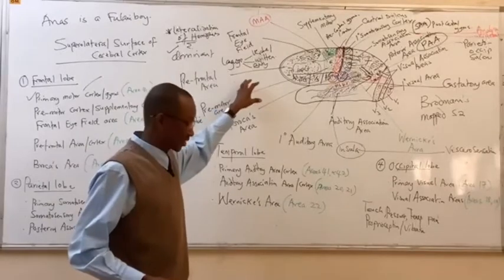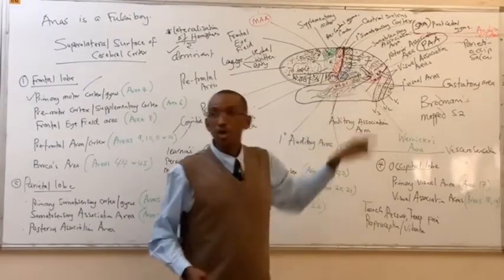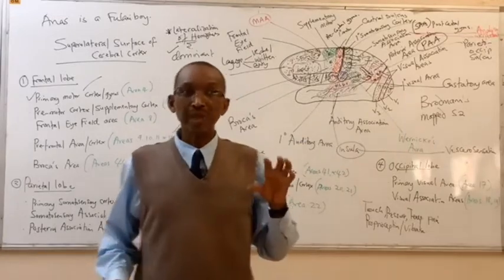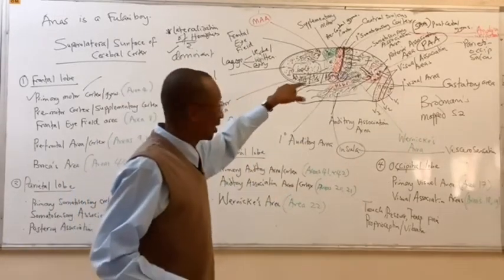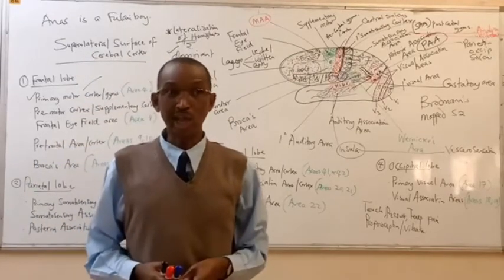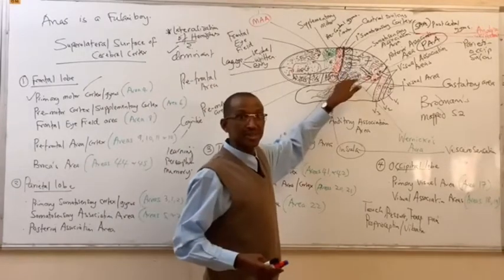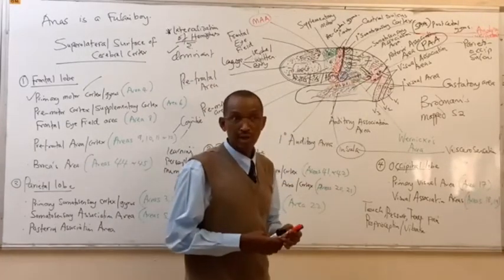So we have now seen that we have three different categories of language. All this is the responsibility of Wernicke's area. So for you to be able to appreciate all these languages, your Wernicke's area must be intact. Are you clear? I said a major part of the area is in the temporal lobe.